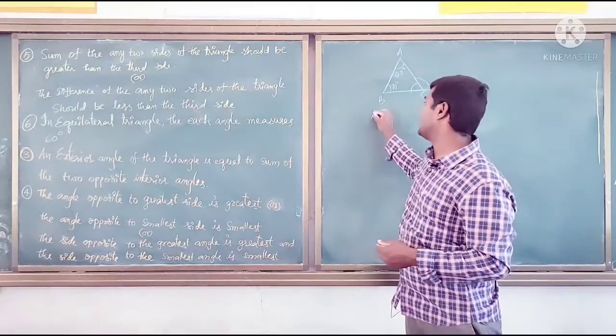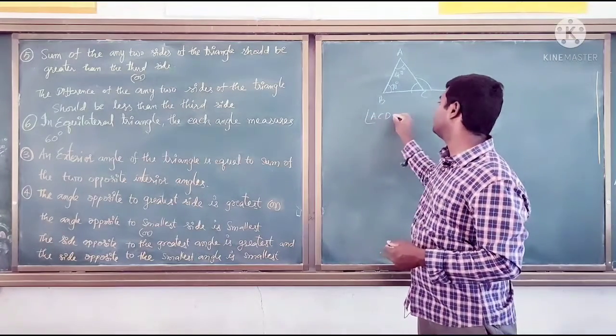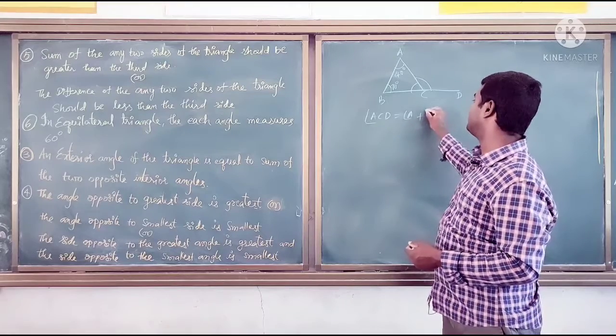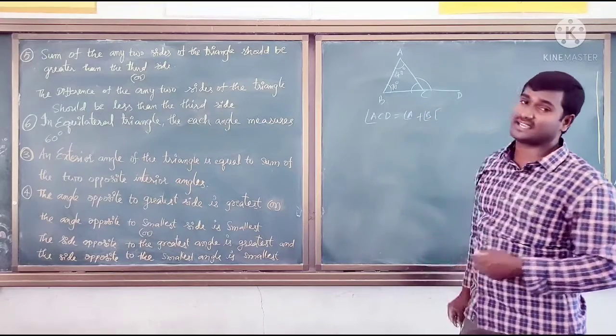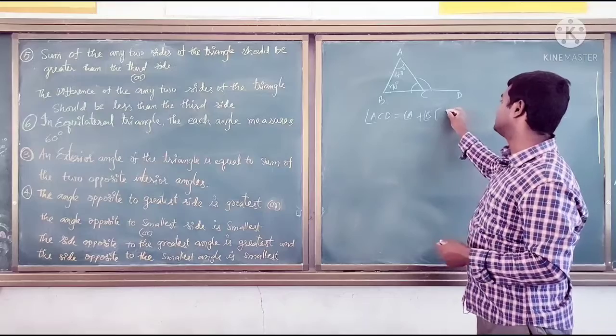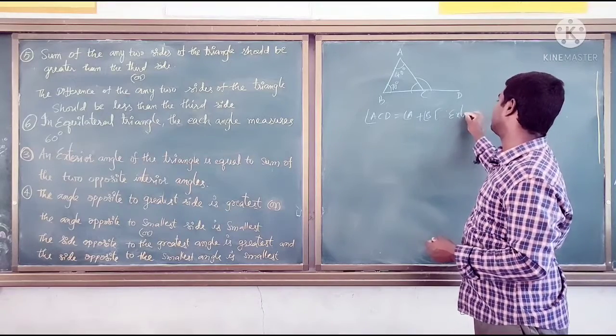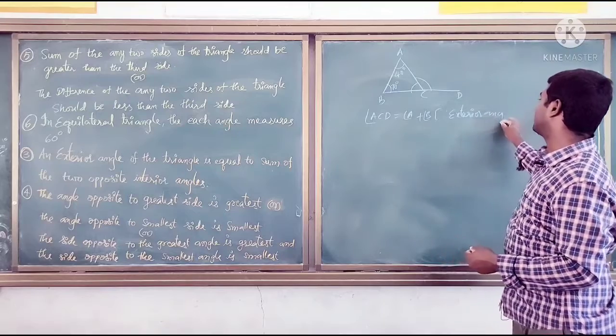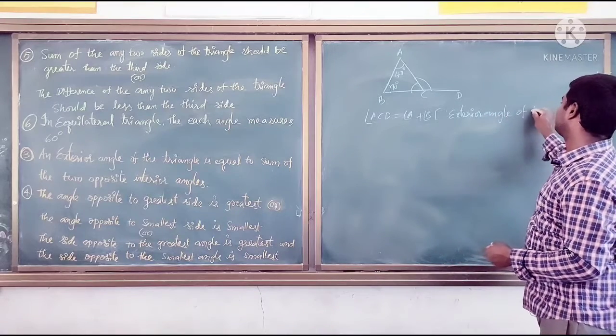So we can write angle ACD equal to angle A plus angle B, because of the exterior angle property of the triangle. What is this? Exterior angle property of the triangle.